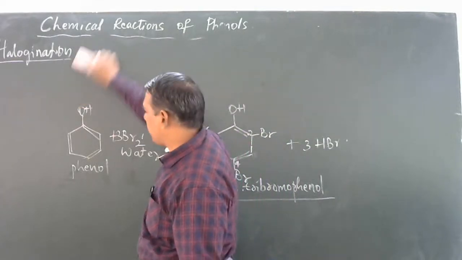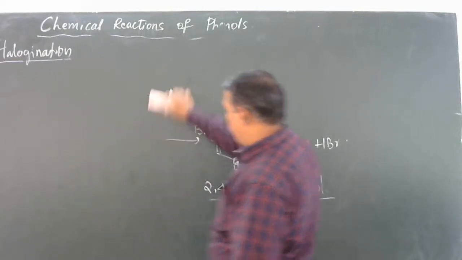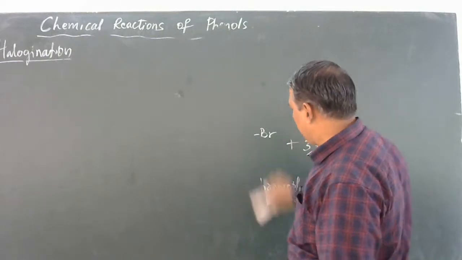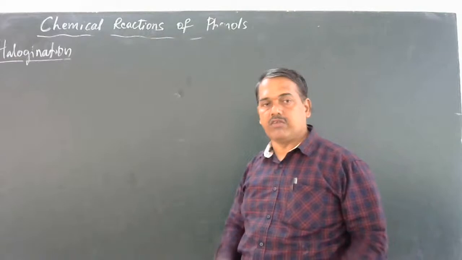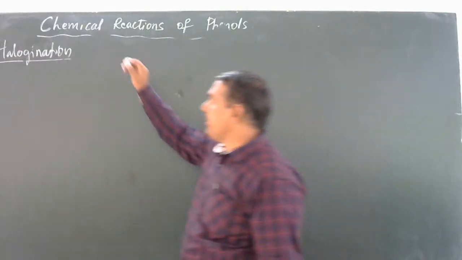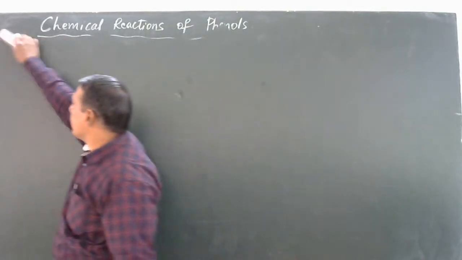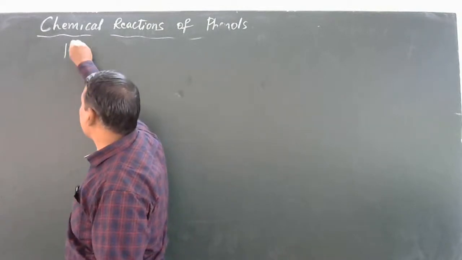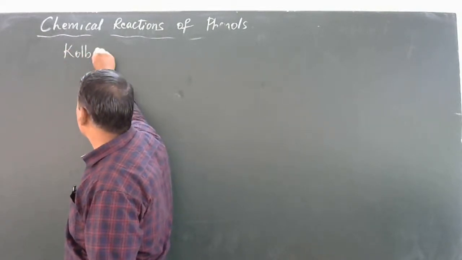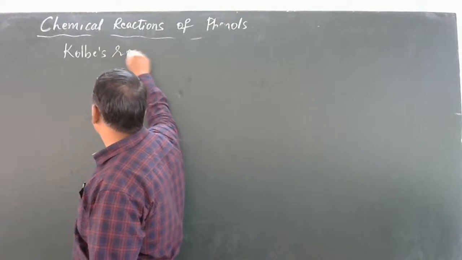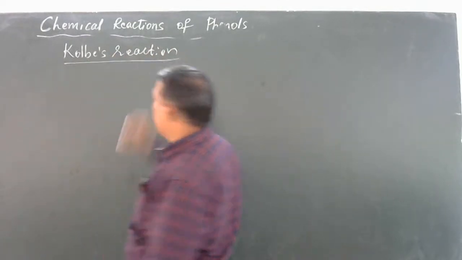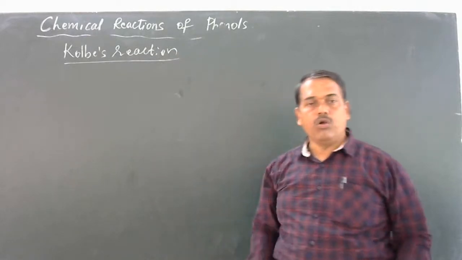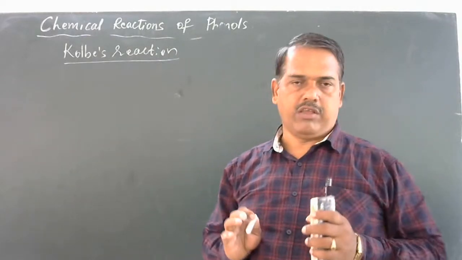So, named reactions. See, two important named reactions of phenol are frequently asked in your annual examination. One is the Kolbe reaction. We shall study the Kolbe reaction. Are you clear? See, what is the theory behind this?